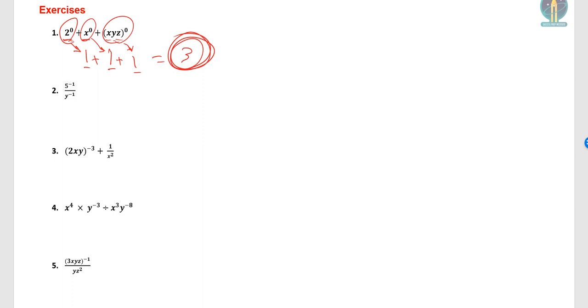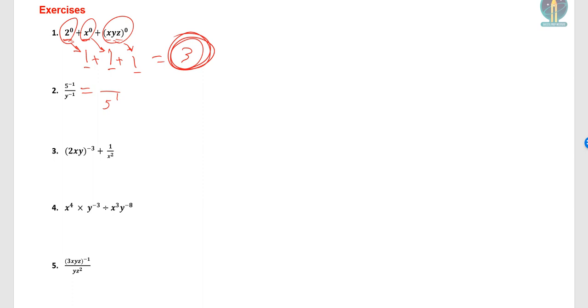So whatever is in the numerator goes to the denominator. Whatever is in the denominator goes to the numerator, etc. So 5 to the minus 1 is essentially 5 to the plus 1 on the bottom, right?